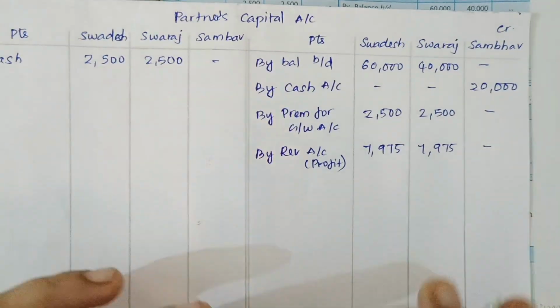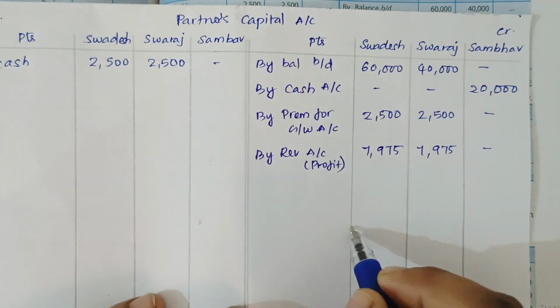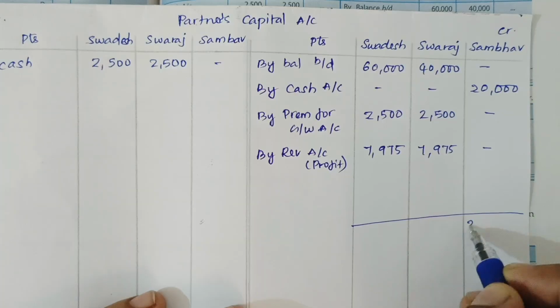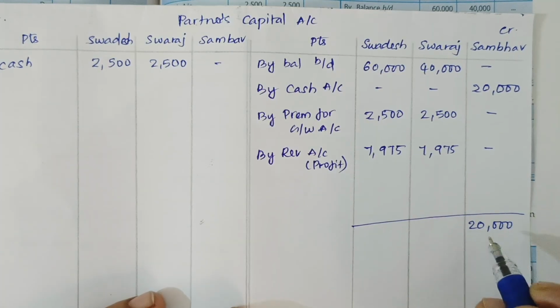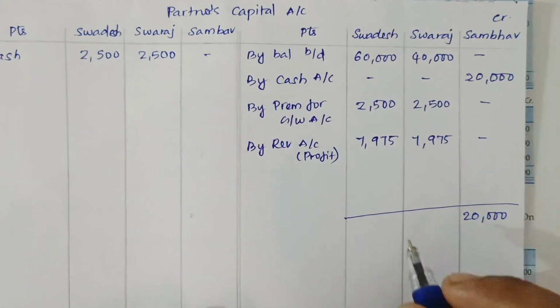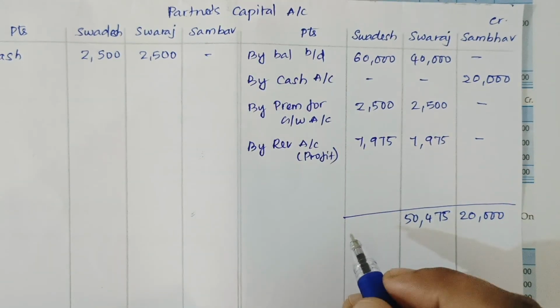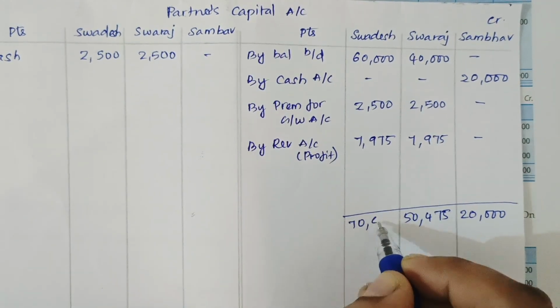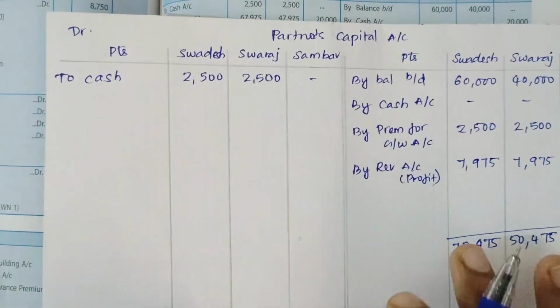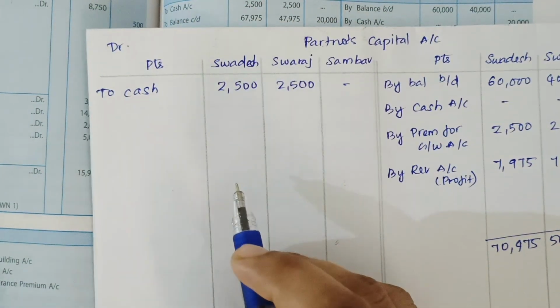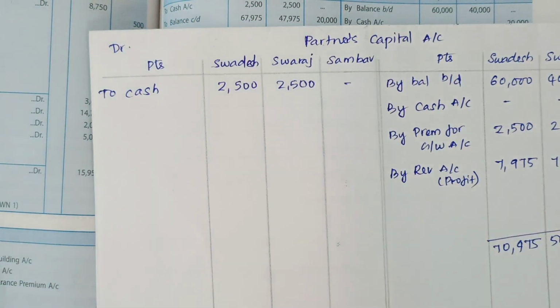Now let's total the sides. 20,000, 50,475, and here it is 70,475. Okay, so the balancing figure comes on the debit side of partners' capital account.